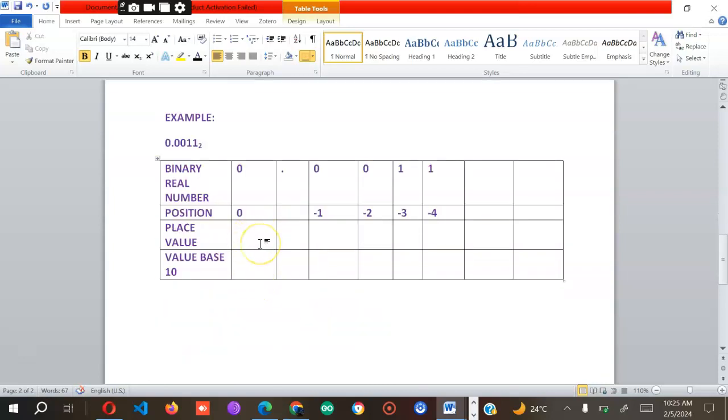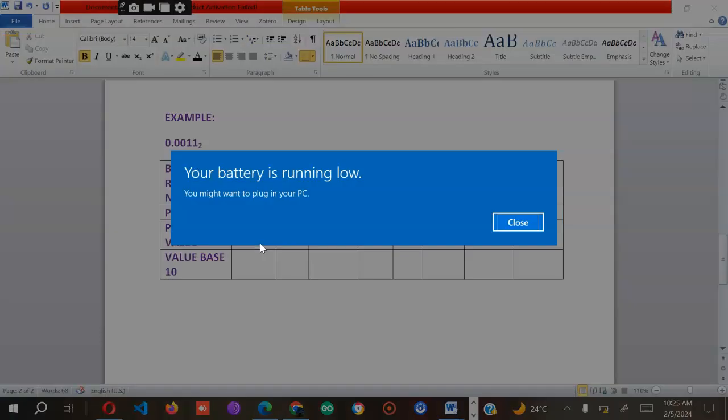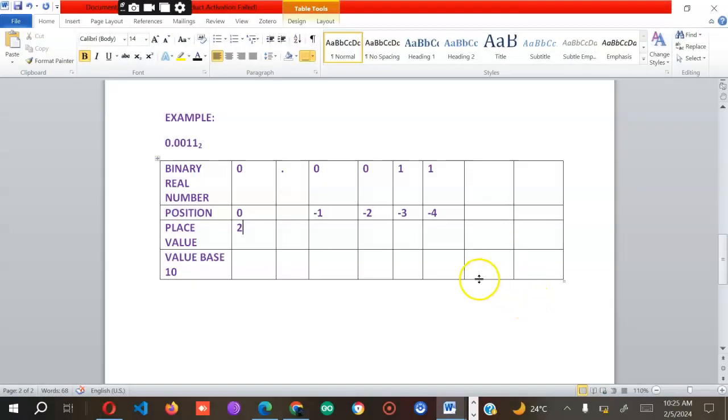This gives us 2 raised to power 0, 2 raised to power -1, 2 raised to power -2, 2 raised to power -3, and 2 raised to power -4.